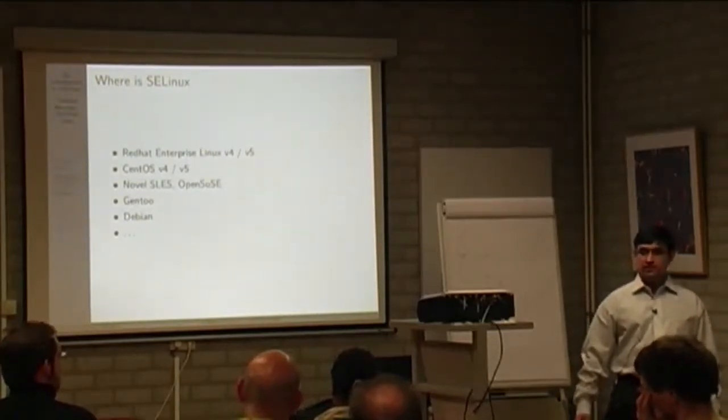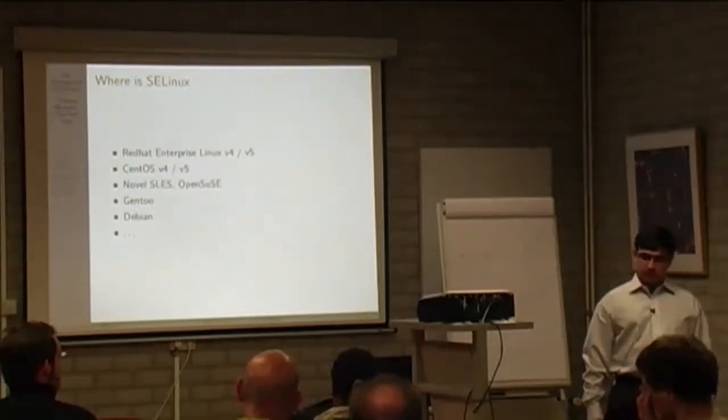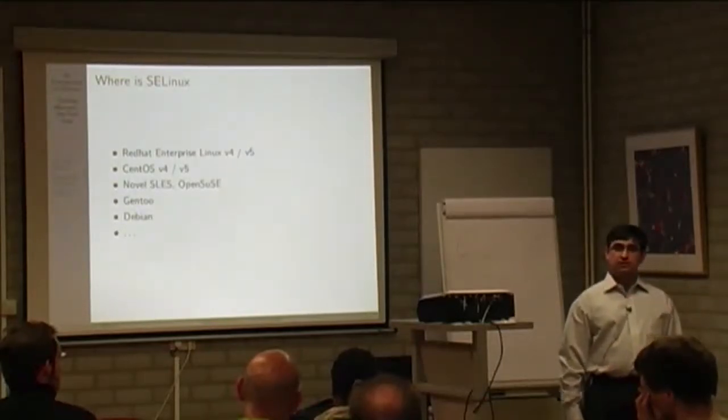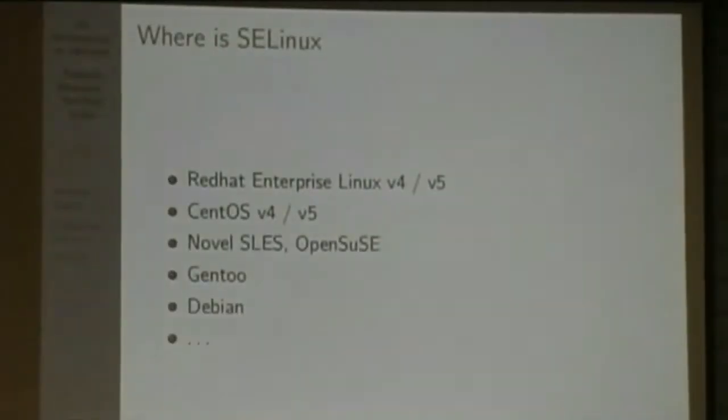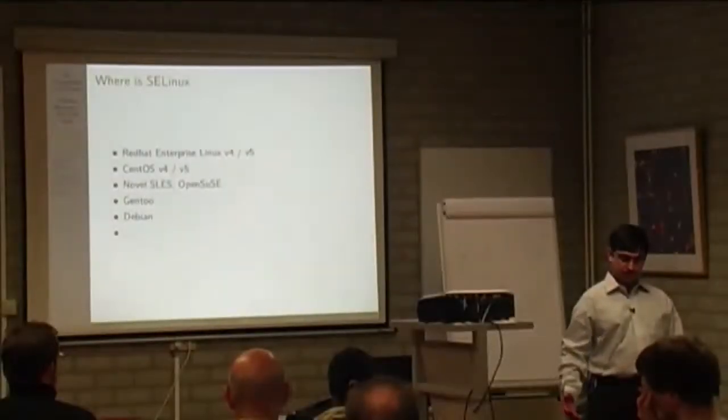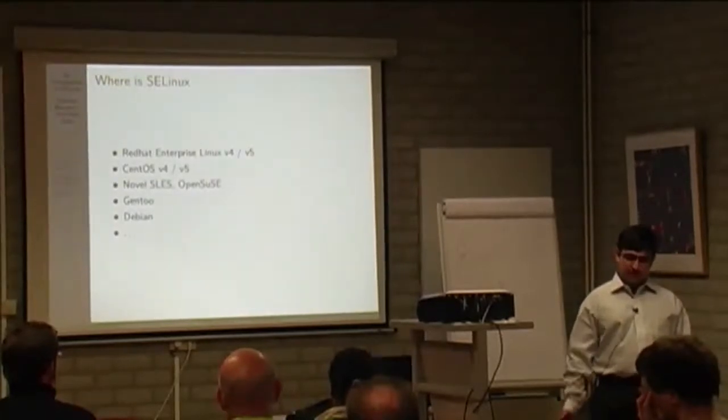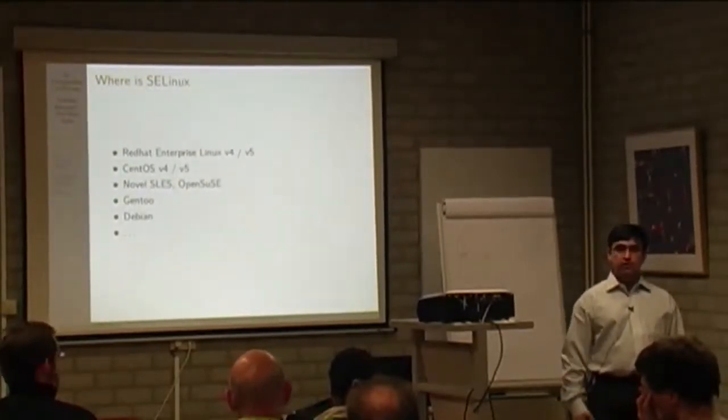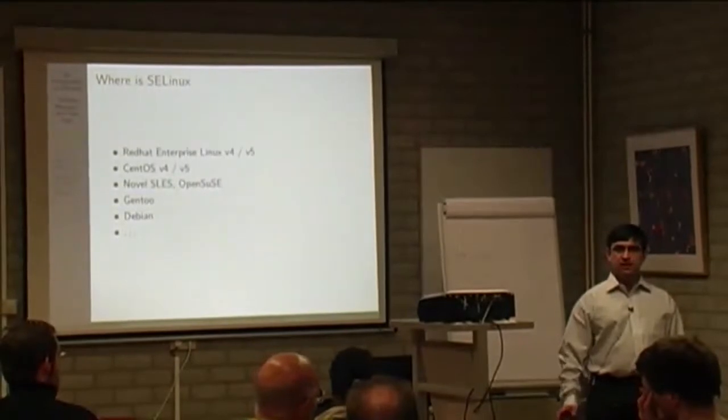In OpenSUSE it's also there. It's available in Gentoo, but you have to recompile your whole system. So the base version you get from the Gentoo website does not have SELinux enabled by default. You need to manually compile your whole system again. In Debian and Ubuntu, you can just do apt-get SELinux.